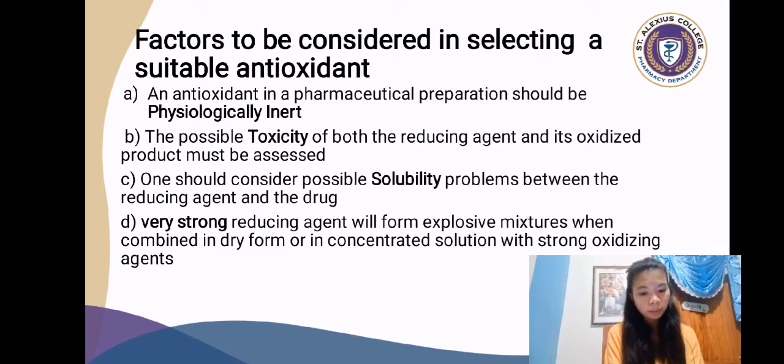And last, a very strong reducing agent will form explosive mixtures when combined in dry form or in concentrated solution with strong oxidizing agents. So, very strong reducing agent magpo-form daw siya ng explosive mixtures once na ikinombine siya in dry form with strong oxidizing agents.